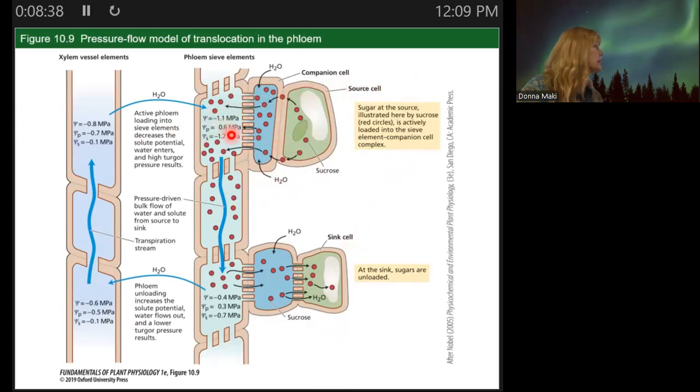So psi sub P here is 0.6. Psi sub P down in the sink by the developing tuber is only 0.3. So that's a pressure gradient. So you'll have bulk flow of the sugar that's dissolved in the water through the phloem from source to sink.